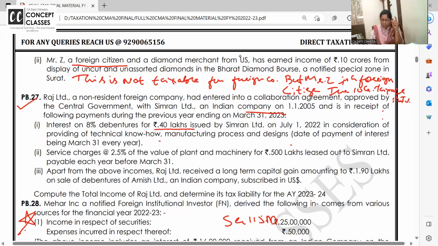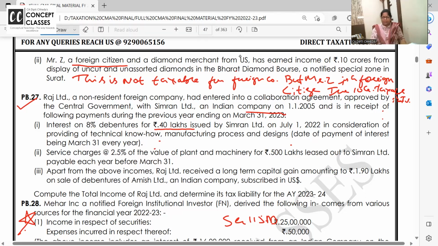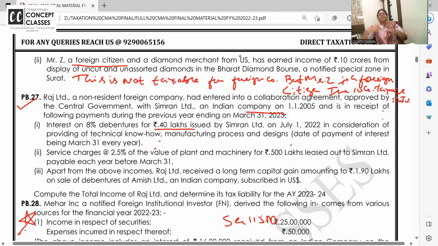Read the language carefully. So those 40 lakhs, first of all, will be taxable. Followed or not? An Indian company is paying an NRI for fees for technical services and technical know-how in India, so 40 lakh is taxable. But now instead of giving them fees, we have issued them debentures. So where is the interest on the debentures accruing? In India.